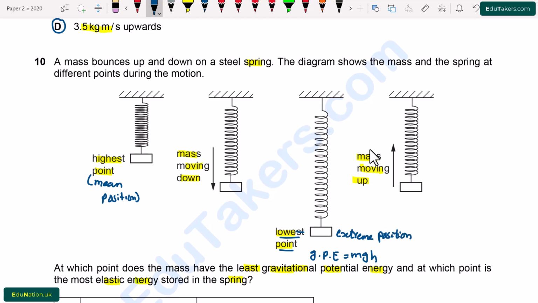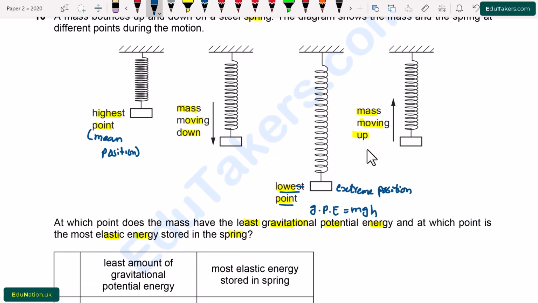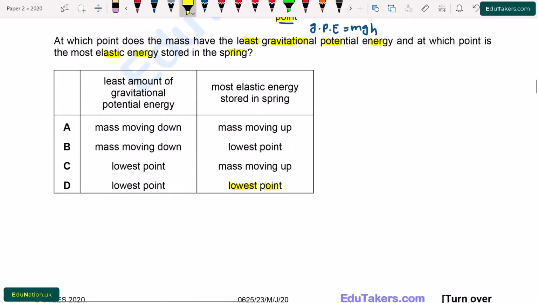So the gravitational potential energy will be least at the extreme position, while the gravitational potential energy will be maximum at the mean position. So here we have to tell where the gravitational potential energy is least. So it is the extreme position, which is the lowest point. So at the lowest point the gravitational potential energy will be less. So option D is correct.